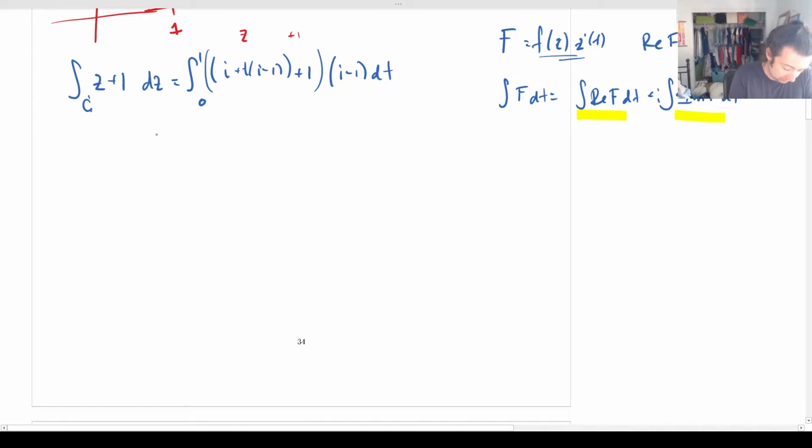So a whole lot of algebra happens. What do I mean by algebra? I mean, this all needs to be expanded, and then a real part and an imaginary part need to be sorted out at this point. What you end up with is the integral from 0 to 1 of 2 minus 2it dt. And if you integrate that, you just get 2 minus i.